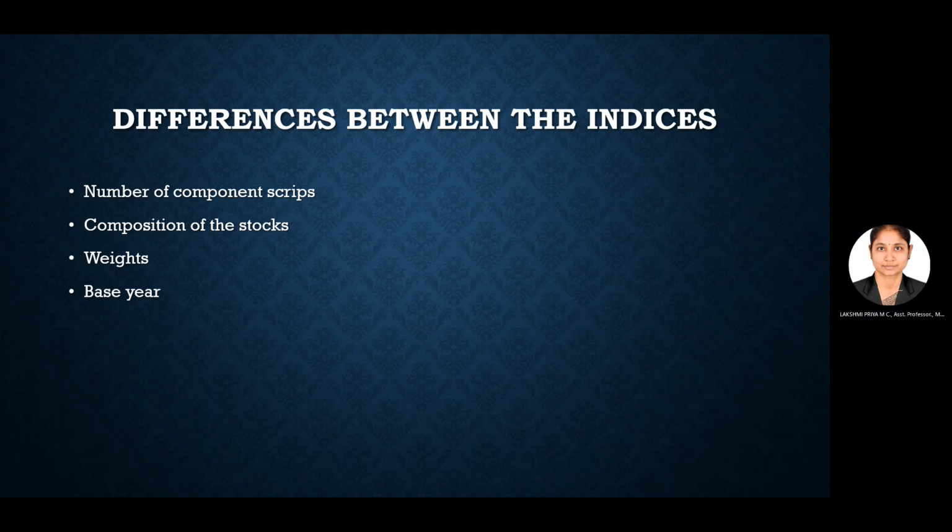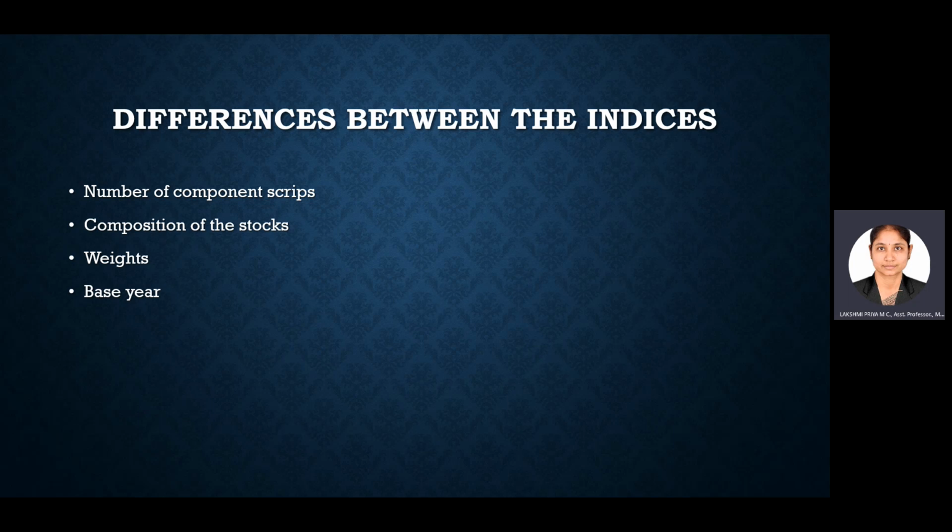That is the number of component scripts. The number of stocks in an index will influence the behavior of that index. If the number of component stocks is higher, it would be a representative sample capable of reflecting the market movement.